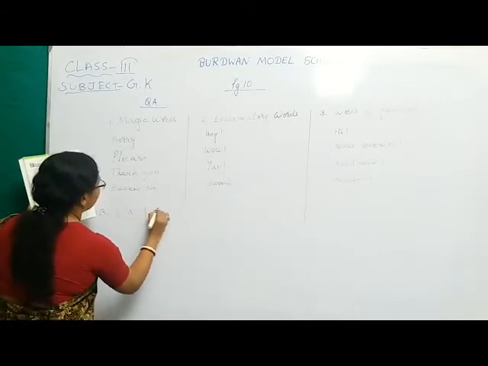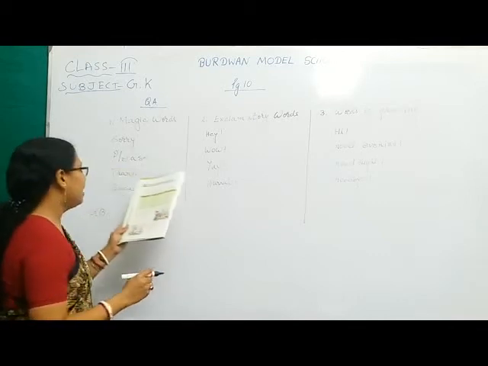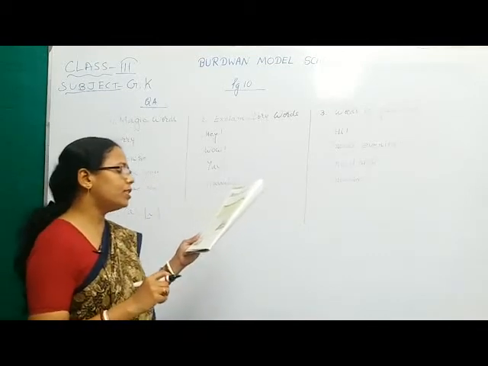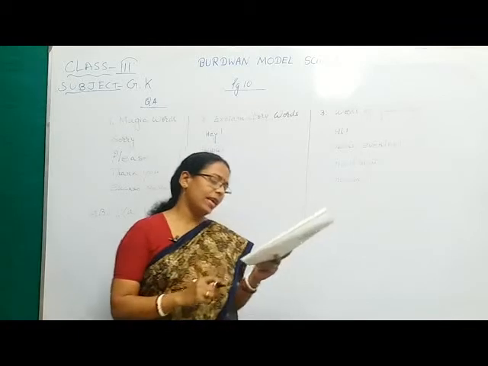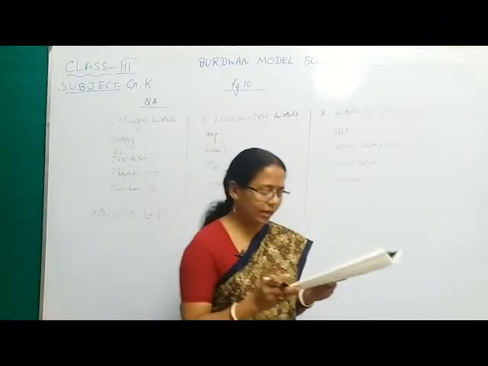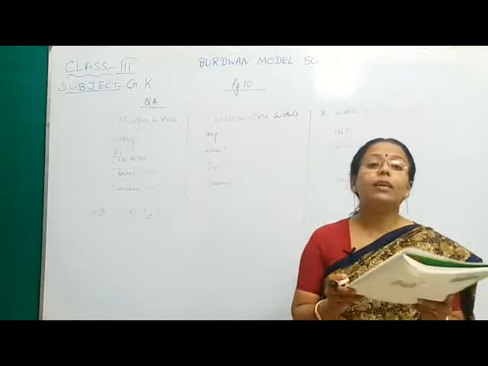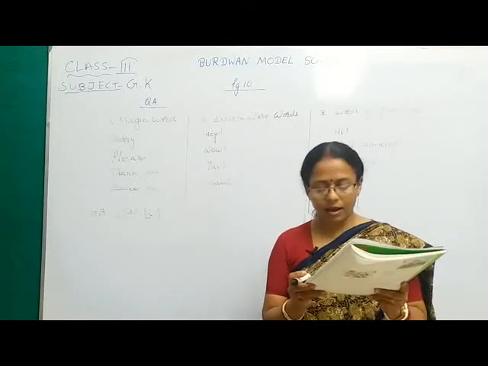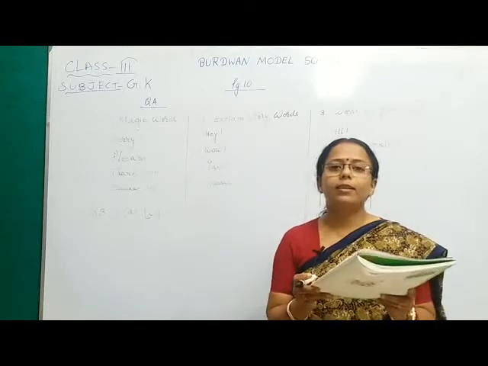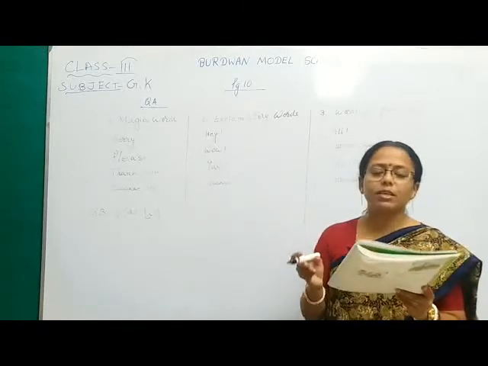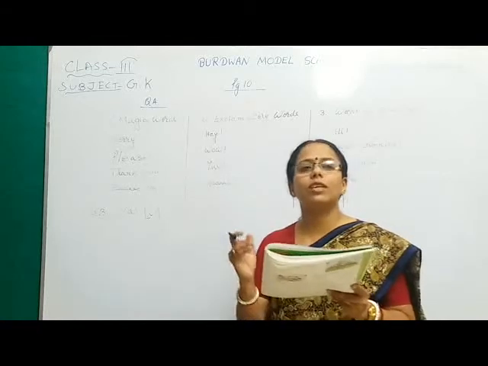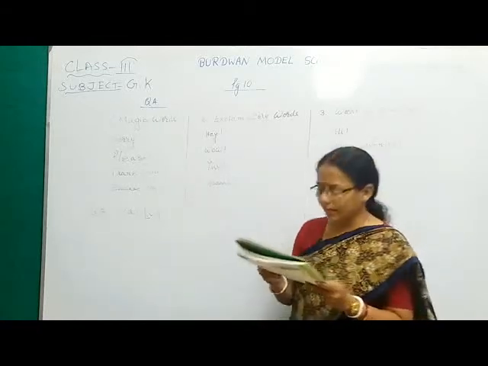You should tick 1A. Question number 2, you visit your neighbor's house in the evening. You greet her by saying good evening, hi or excuse me. Yes, if you are visiting your neighbor's house in the evening, you should first greet her with good evening.